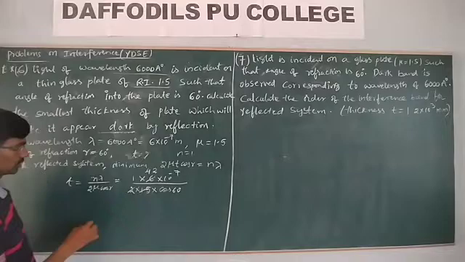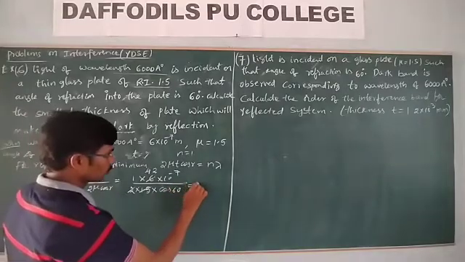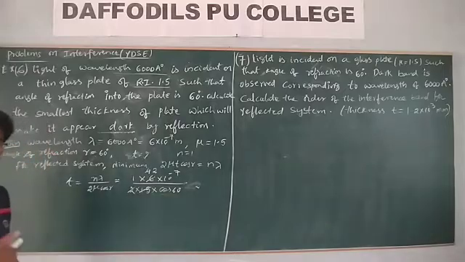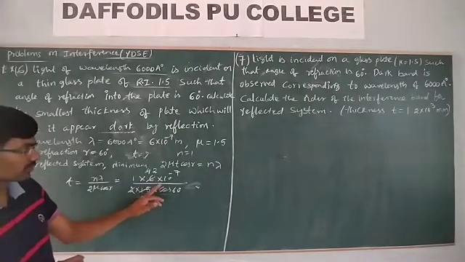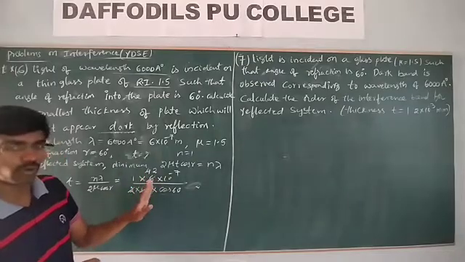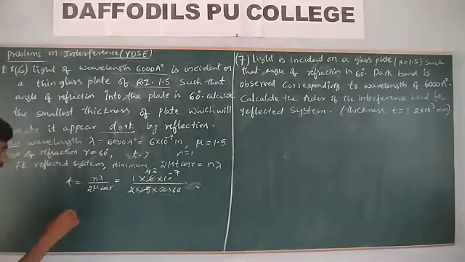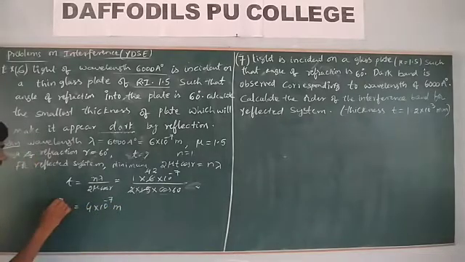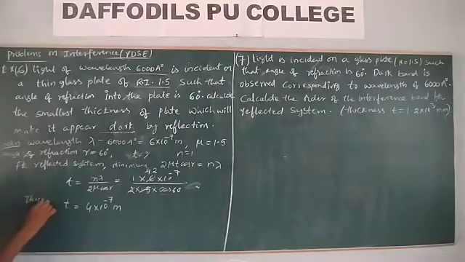Here 2 and 2 cancel out. Cos 60 value is 1 by 2. Then 2 into 2, 4. So 4 into 10 power minus 7 meter is the thickness of the plate.